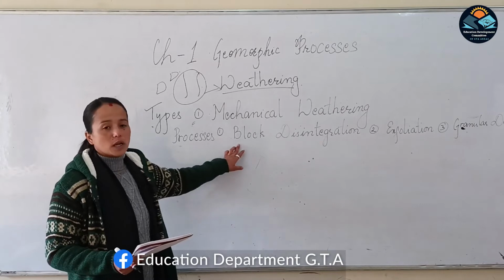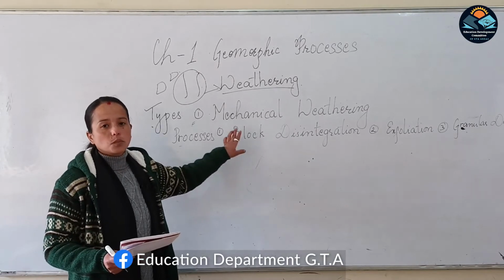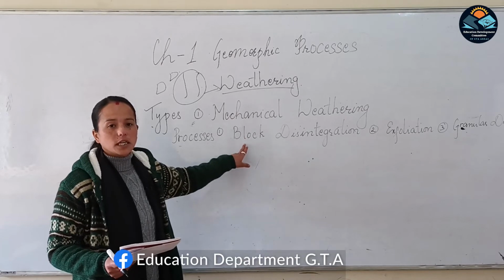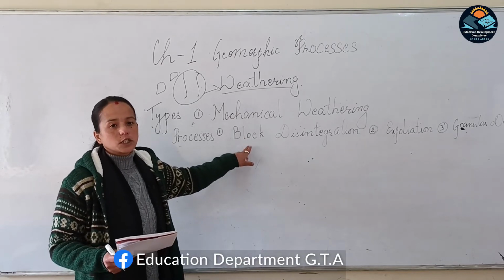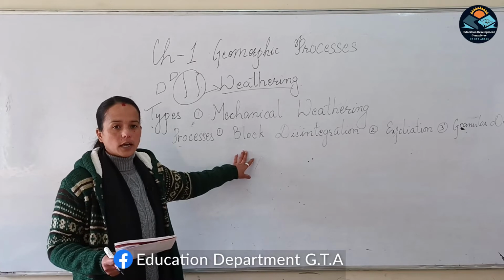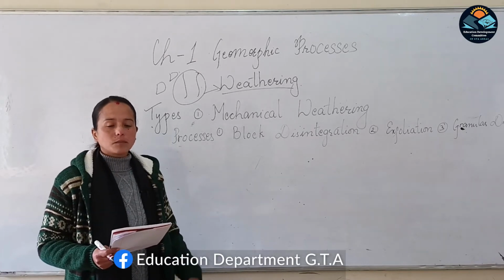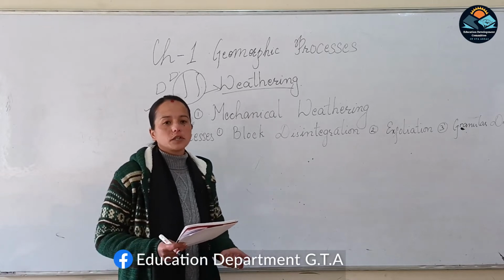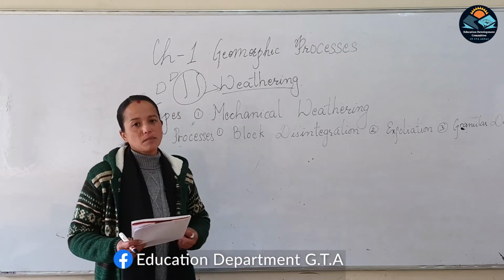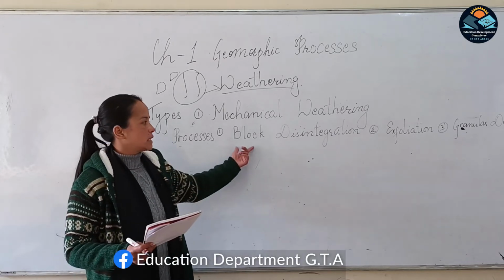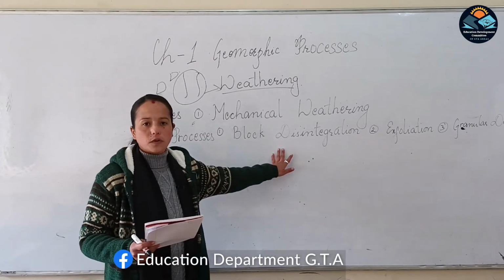First one, block disintegration. This takes place especially in the dry areas, especially in the desert areas where the range of temperature is very high. That means the temperature is very high during daytime and very low during night. In those places, block disintegration is very common.